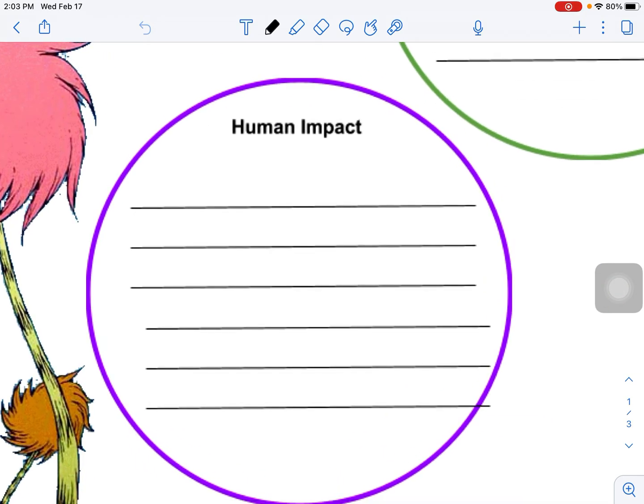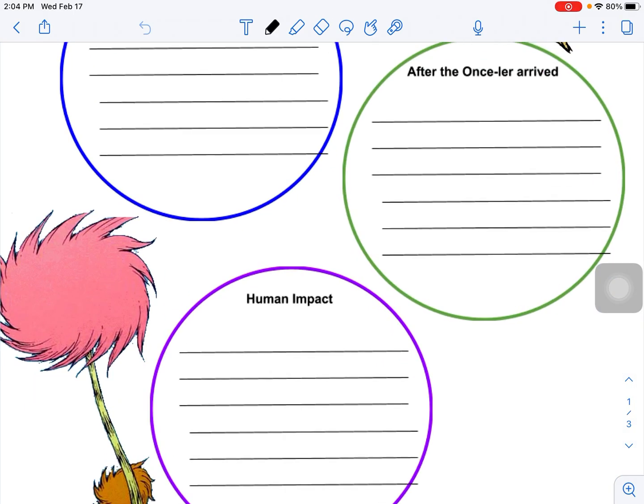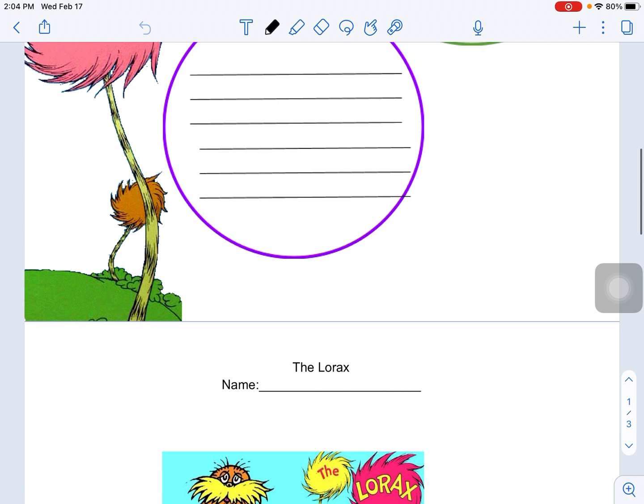Your last circle is going to be all about the human impact. So the Oncer is our human in the story. What was the impact of the Oncer coming into the land of the Lorax? What was the impact? And think about, was that a negative impact or a positive impact on our Earth? Those are the 3 boxes you will be completing for the first part of your project.